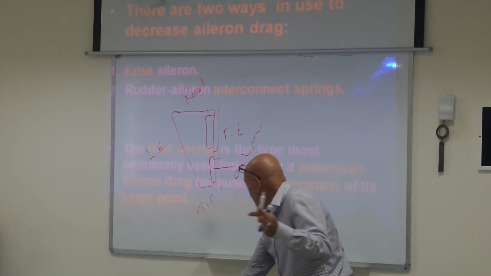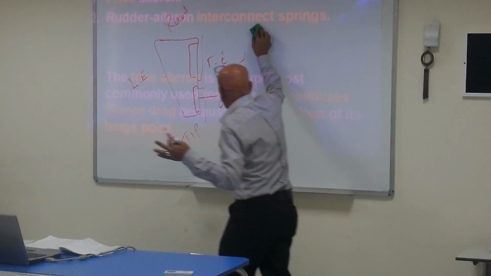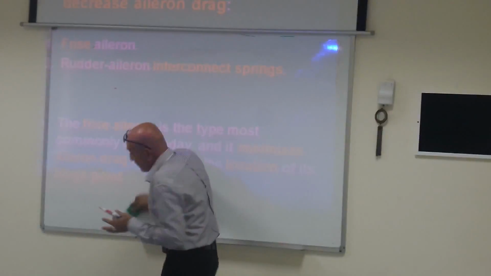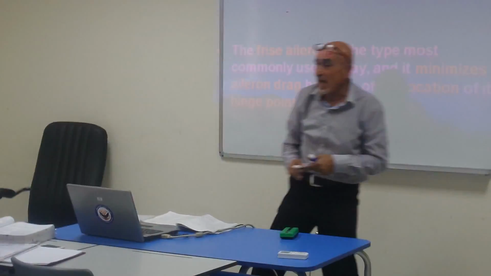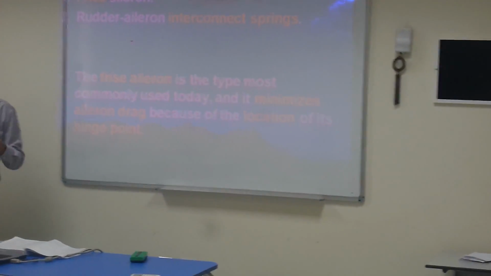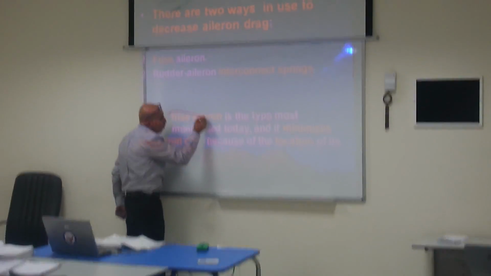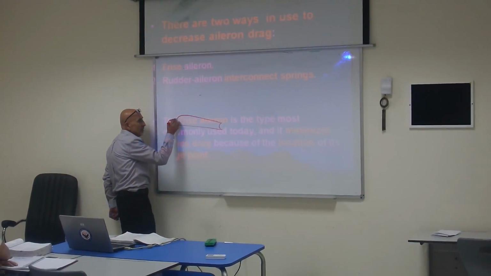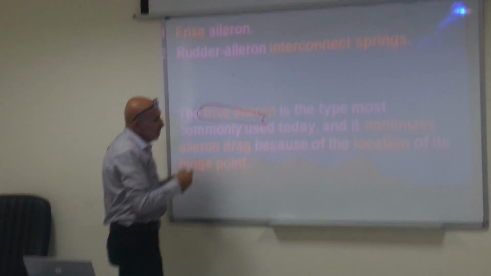Now, we said the other procedure, the other way for counteracting what we call the adverse yaw, was by having a special, most commonly used aileron that is installed on the aircraft. If we look at the aerofoil section or the actual wing, this is, for example, the wing.